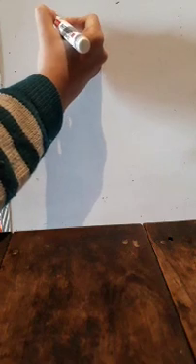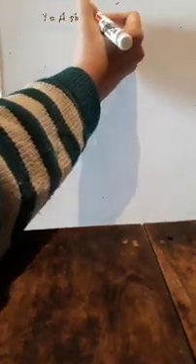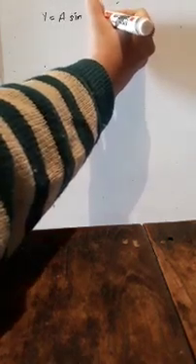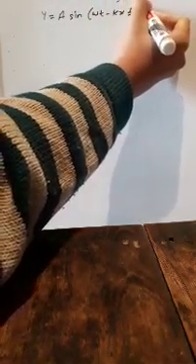As usual, let us consider the displacement of a particle in a progressive wave. The usual equation that we write is y equals a sine within bracket omega t minus kx plus or minus phi.